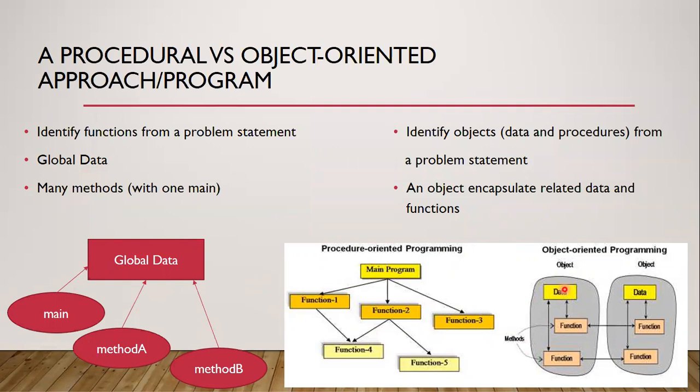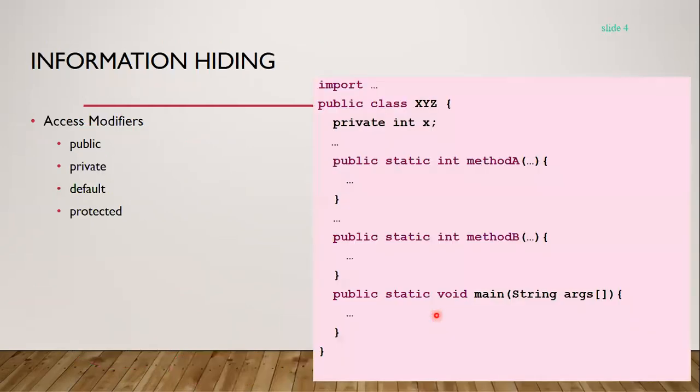In every object, the local data, the instance level data should be private, and it should be accessed through the functions, through the methods. So this should be private, and the method should allow access to the data.